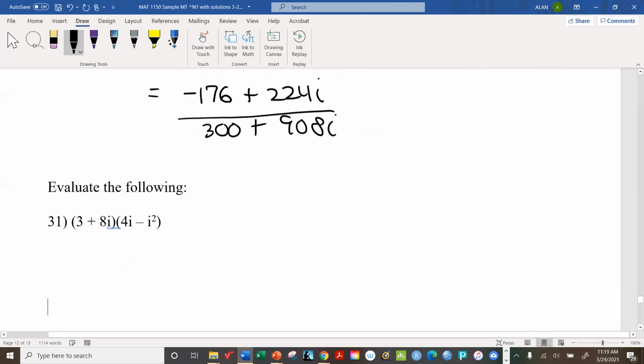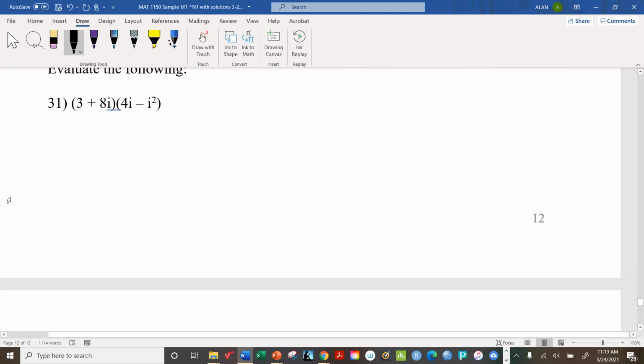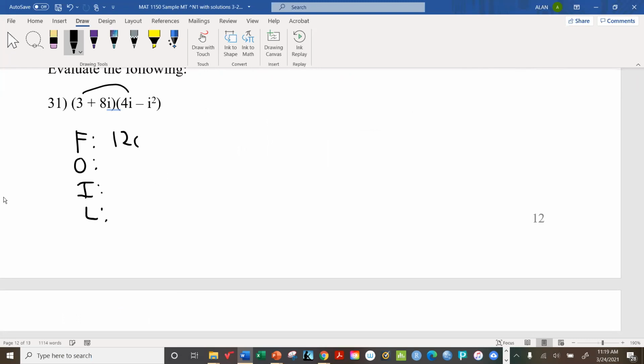They're tricky FOILs because we have higher powers of i, though. F is here. O, minus 3i squared. I, 32i squared, and last, minus 8i cubed.